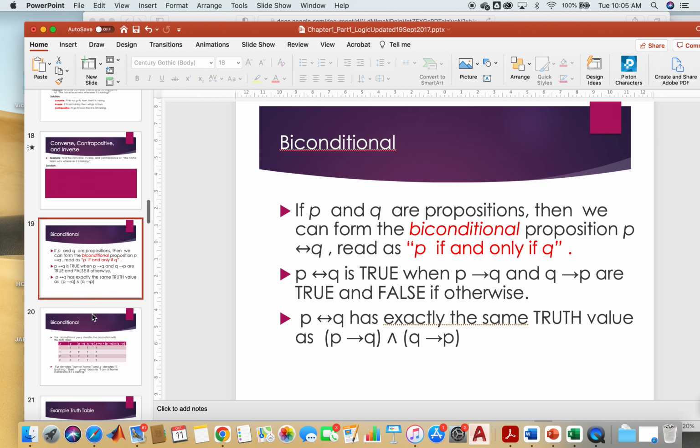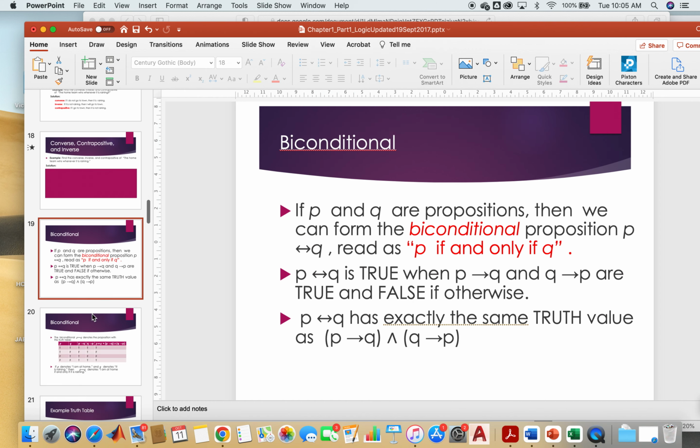The rest will give you true. Gitu. Clear? Okay, yeah. The example here: if P denotes I am at home and Q denotes it is raining, then the disjunction will be I am at home or it is raining. Right?